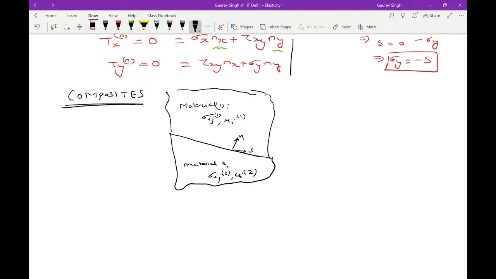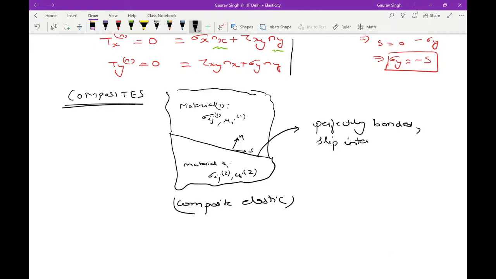Now, if it's given that the interface between these two materials is perfectly bonded, okay, so it is a composite elastic. It's one part of a big solid. Or if there is a slip interface, etc. So based on this, one can write the boundary conditions.